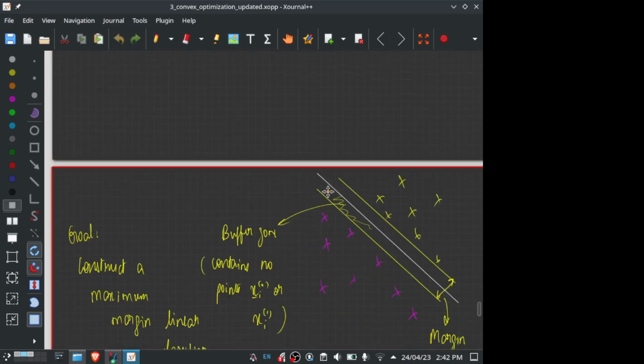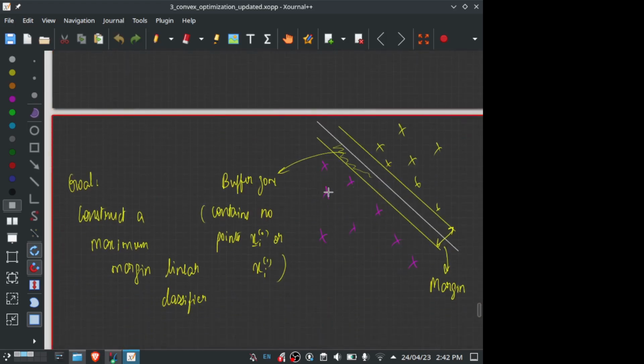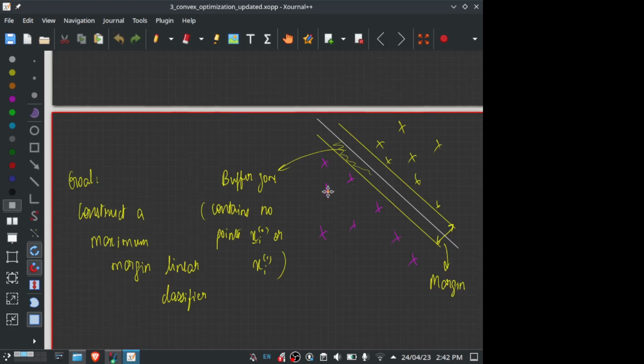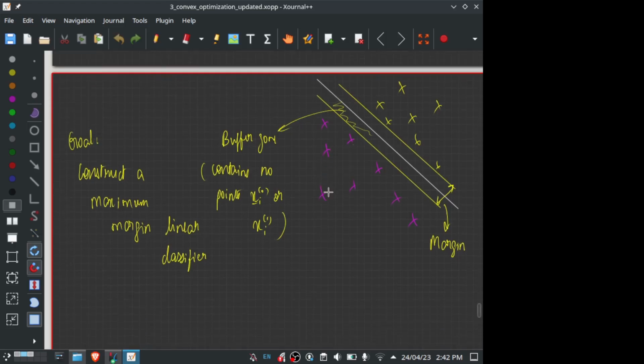We can now ask for the best hyperplane that separates points labeled 0 and points labeled 1. Through this, we looked at this class of maximum margin linear classifiers, wherein for a given classifier, we construct this buffer zone, that is, a region which doesn't contain points labeled 0 or 1 coming from the observed data, our test set effectively.